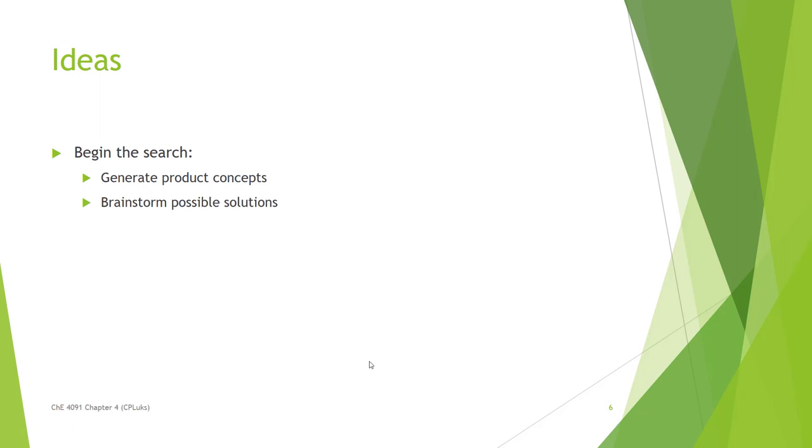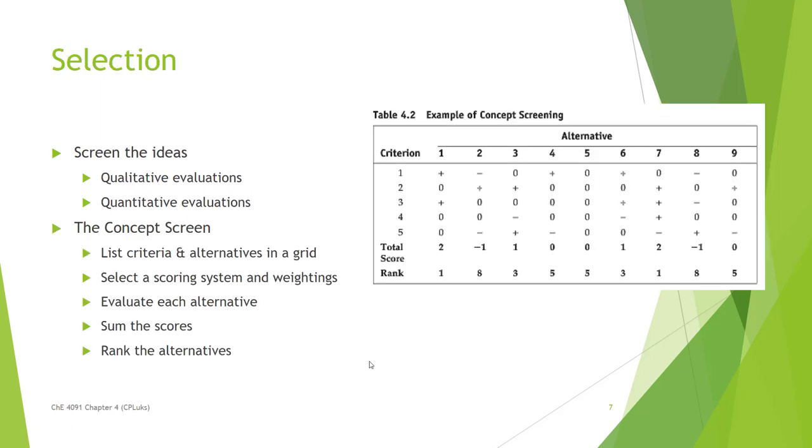Now, once you have these ideas, and some of them may be really insane, you next need to move to a selection process. And so you want to screen the ideas qualitatively or quantitatively. Now, you may first look at all the ideas and some of them throw out, but perhaps some of those crazy ideas weren't practical, but they made someone during the brainstorming session think of another idea.